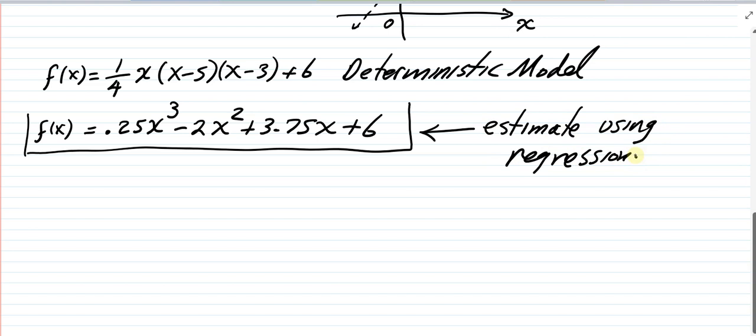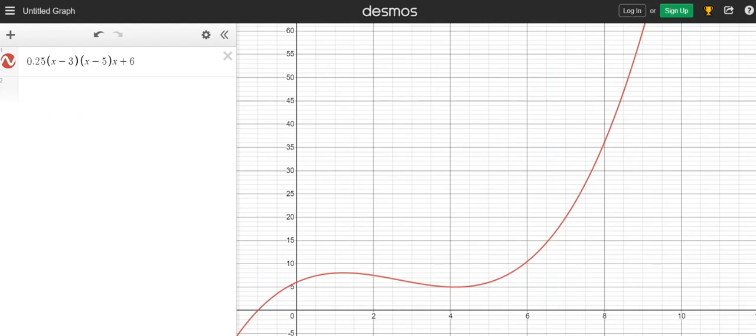Now, from here on out, I'm going to go to Excel and actually generate this. But before I actually go to Excel, let me show you what this looks like using Desmos, another web-based app, to show you what the graph of this will look like.